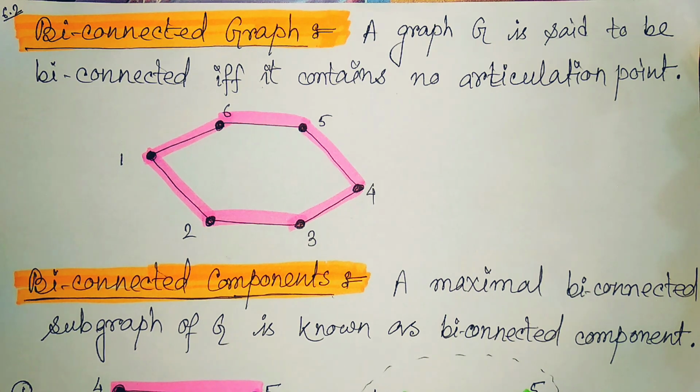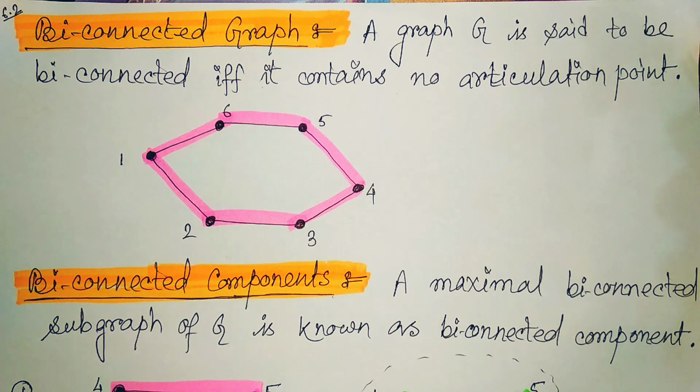Actually what happens is, a bi-connected graph means there is no articulation point. No articulation point means there does not exist one vertex by deletion of which the graph becomes disconnected. That means between any two vertices there exists more than one path.